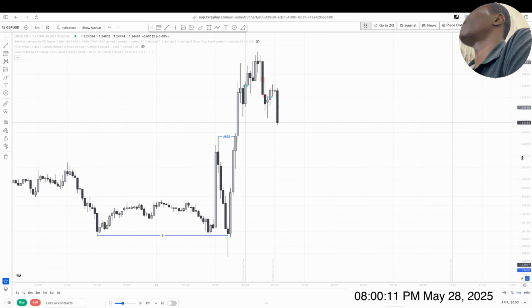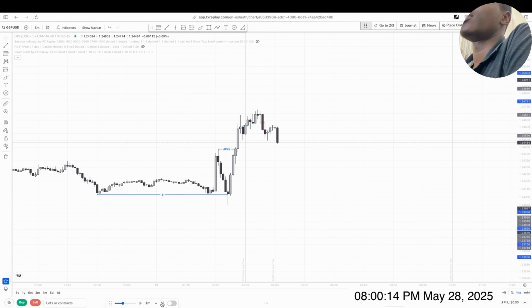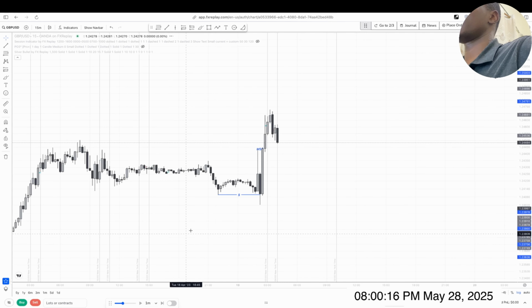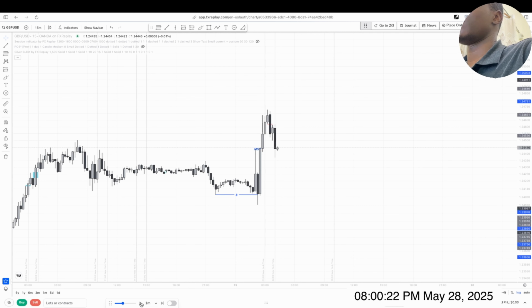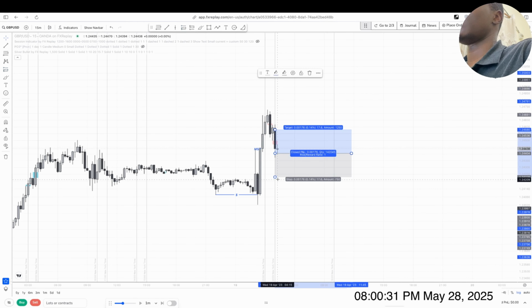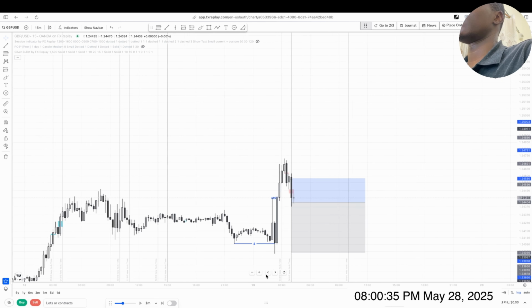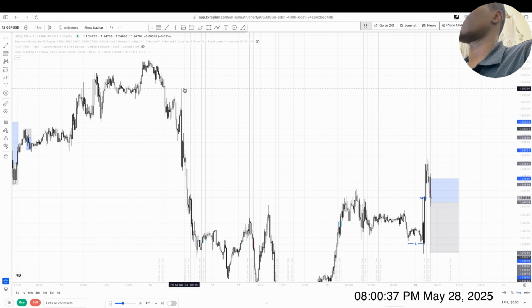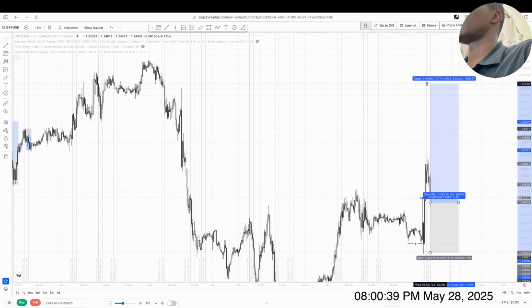But regardless, even though this wouldn't be the Silver Bullet, this will be a good entry on the 15-minute if we retest somewhere here. So let's see. You can see that we dropped into the gap, and we can just enter here, stop loss here. And the next liquidity will be this high or some other high that will give us a good risk to reward.